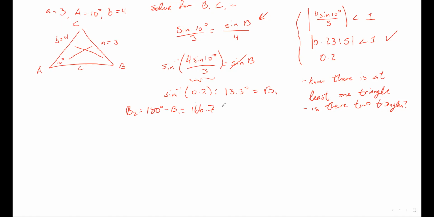So our check is that b2 plus our other angle, a. We are given a, so that's why we're using this. We're going to check that this is strictly less than 180 degrees. And let's double check that. So that's 166.7 plus 10.